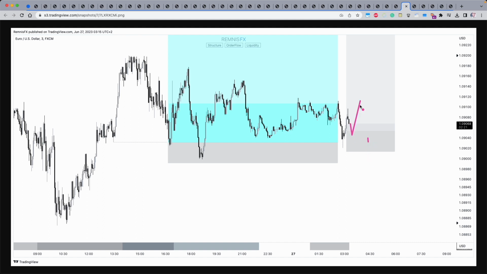Price comes back because the first one basically kissed it to the pip. That's why this imbalance was still available to be filled, or mitigated. Again, because I base my entry on this candle.